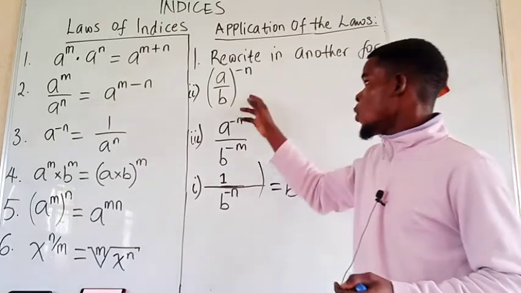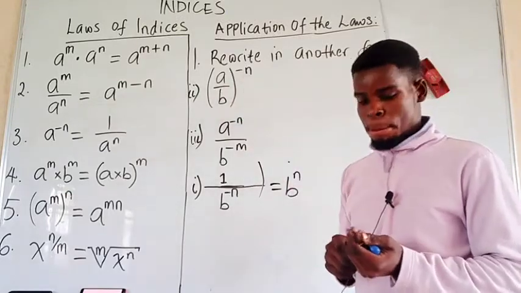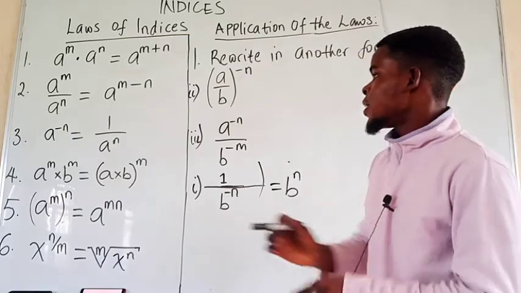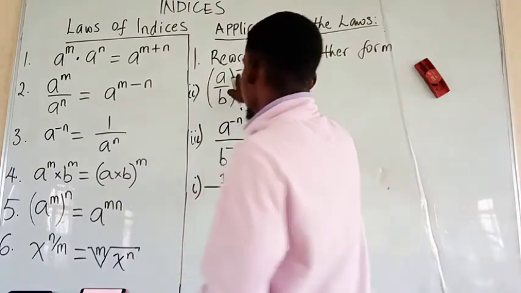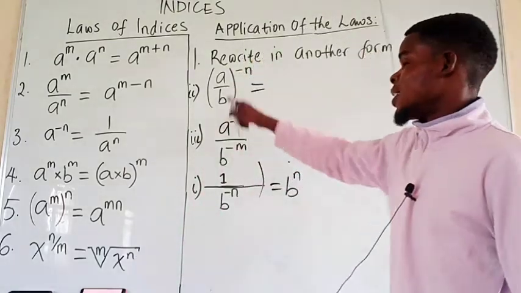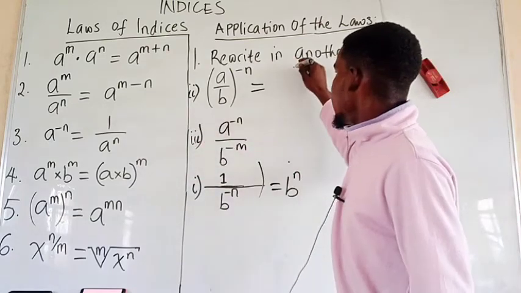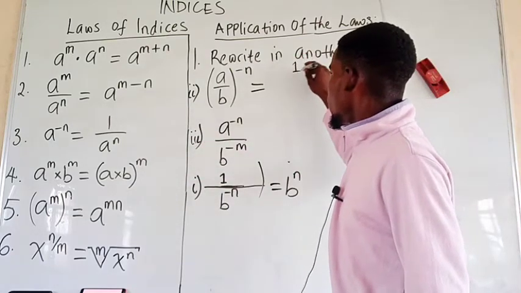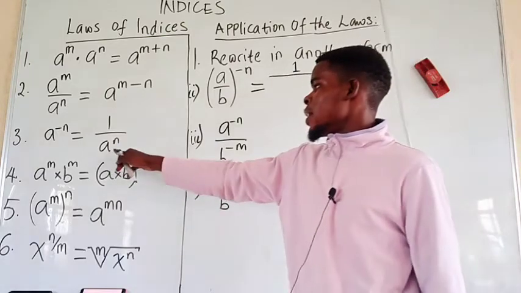Okay, so for the second one, we see that a over b all raised to the power of negative n. Well, still from the same definition, since the power here is negative, I'm going to put it down as 1 divided by, this is the one gotten from the statement there, divided by a.